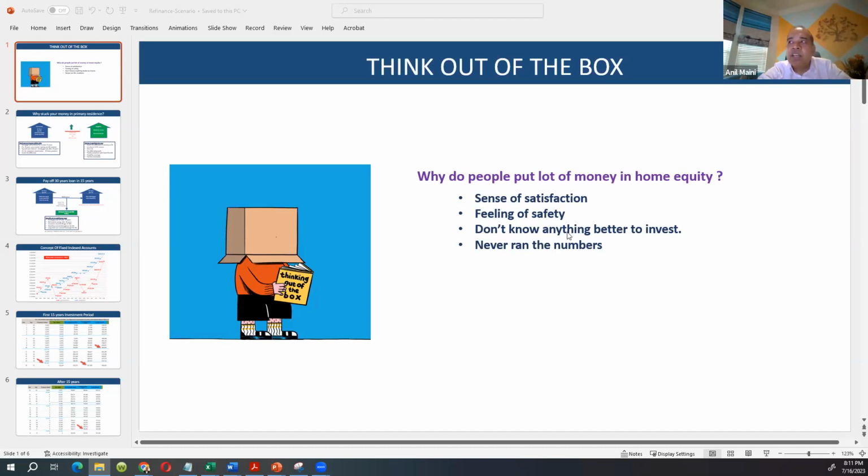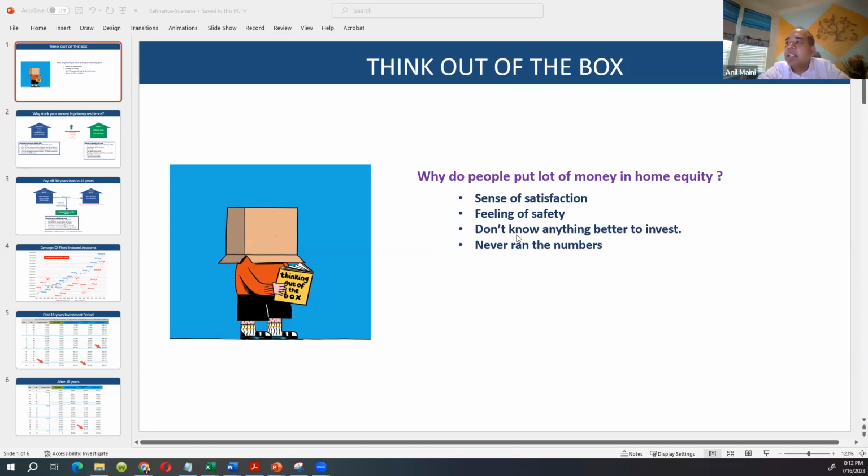And some people will say we don't know anything better. They just put a lot of money into the home because they don't know any other investment vehicle. They don't know where else to put their savings. It's better at least to put money in the home rather than in a savings account.